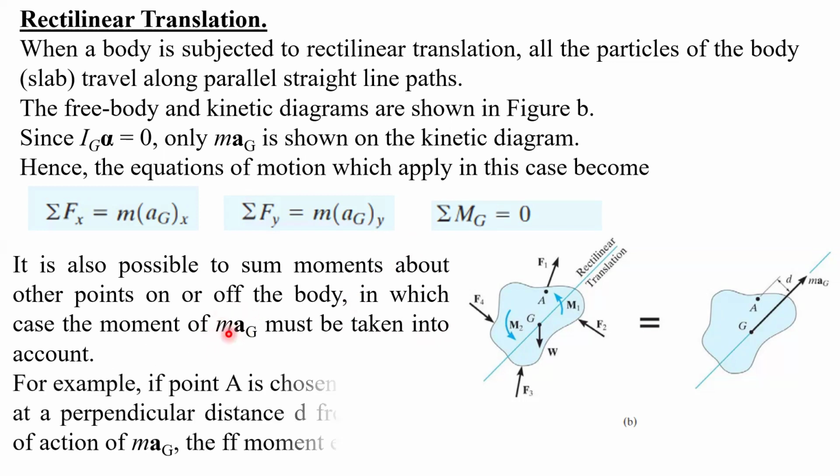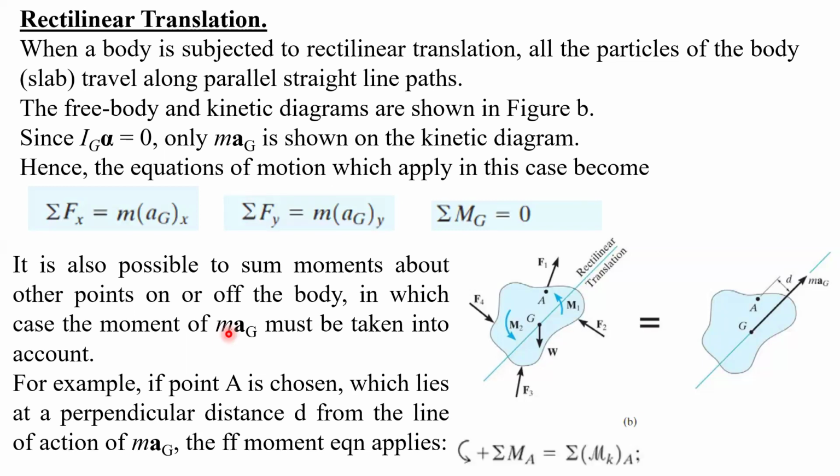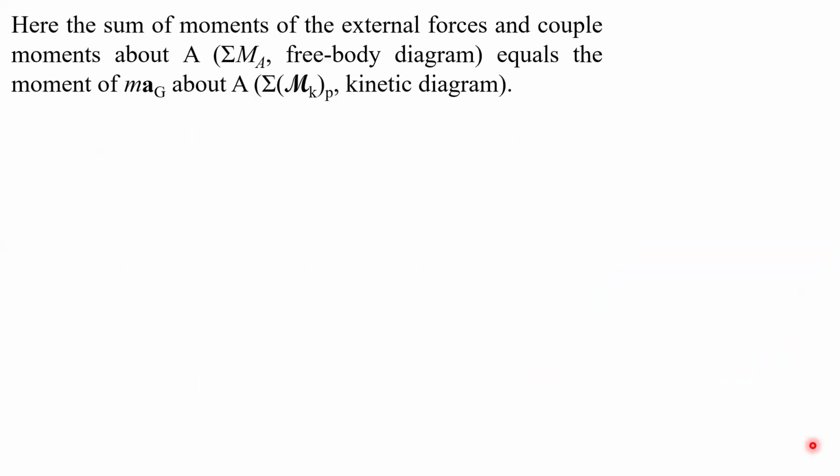For example, if point A is chosen, which lies at a perpendicular distance d from the line of action of m aG, the following equation applies: summation MA equals summation (MK)A, which equals m aG times d, because d is the moment arm. Here, the sum of moments of external forces and couple moments equals the moment of m aG about A. That is summation (MK)A, from the kinetic diagram.